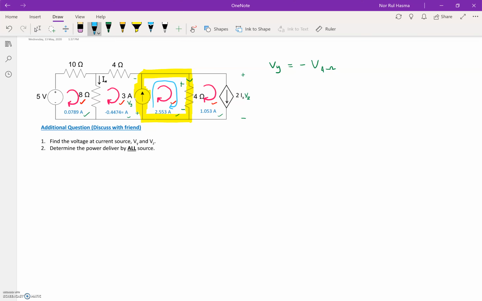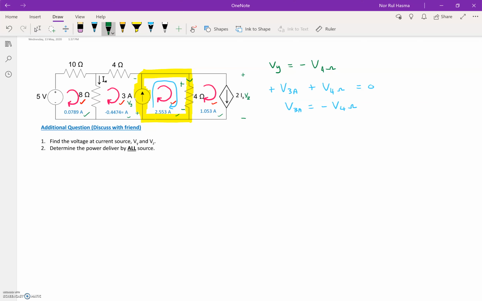For example, using the blue loop, we start with the current source, which is plus V3mA, and then plus V4 ohm is equal to 0. And then V3mA is equal to minus V4 ohm.